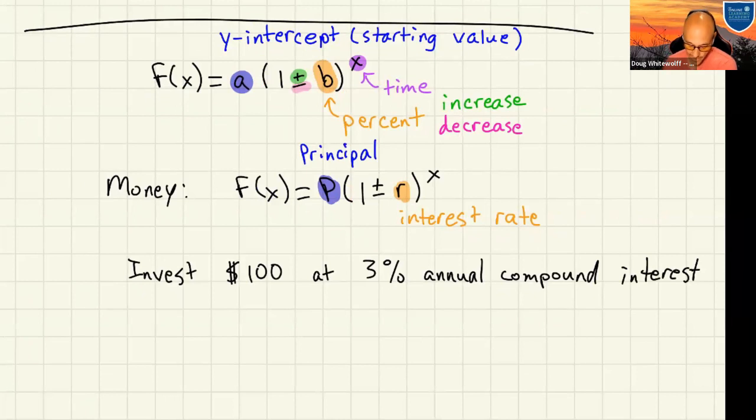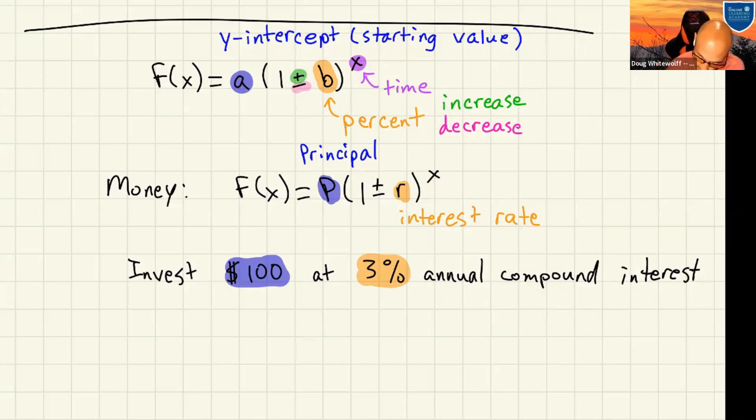Well, if they invest $100, that's our principal. At 3%, that's our interest rate. And annually means that X is yearly. Annual means yearly.